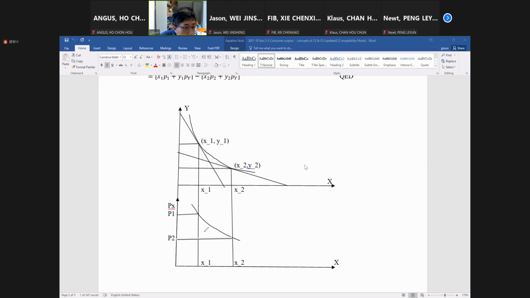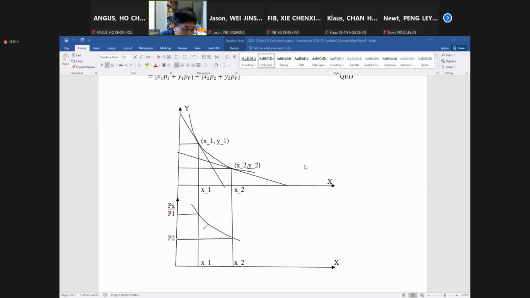We don't change our life quality, but because something is cheaper, we only need to spend less money than before. So how much less money? How many less dollars?